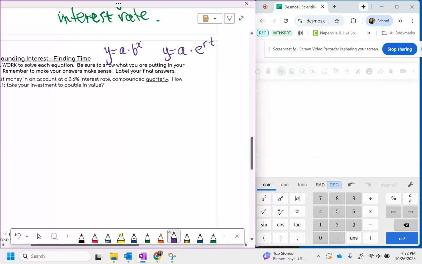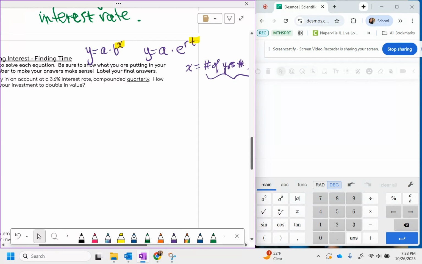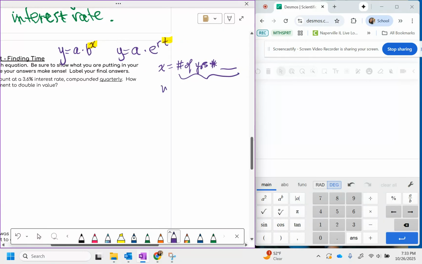And either way, our time is in the exponent because remember, x is the number of times that interest is calculated. So it's going to be like number of years times months or quarters or whatever, how many ever times it's calculated per year to get number of times it's calculated altogether.